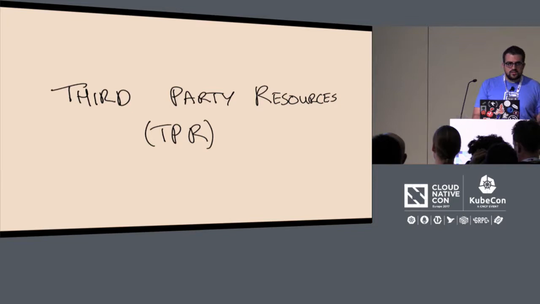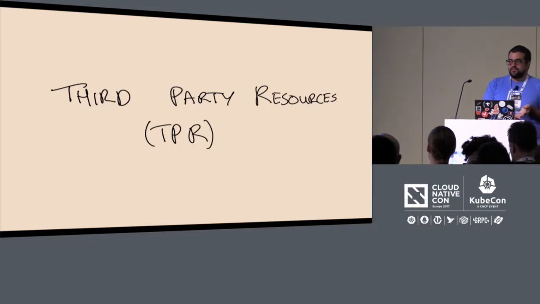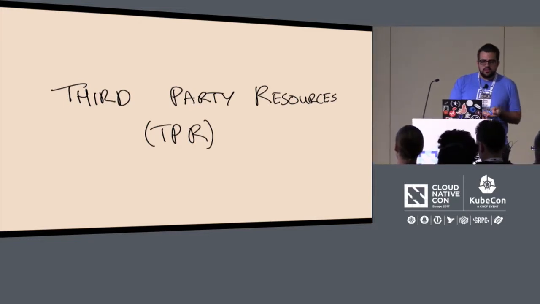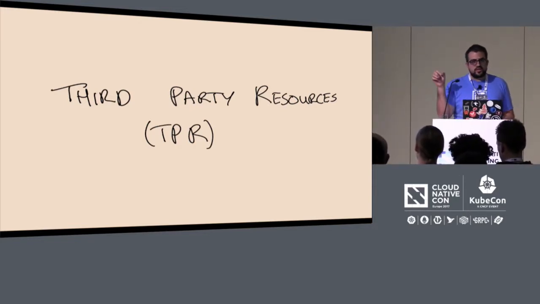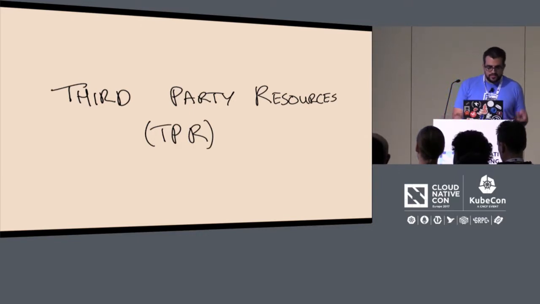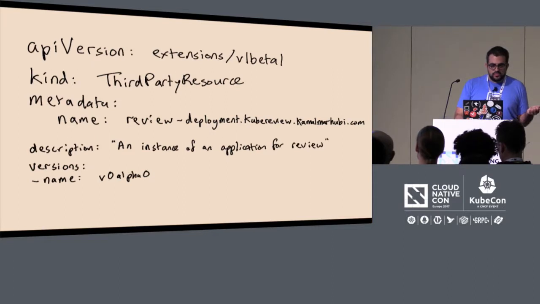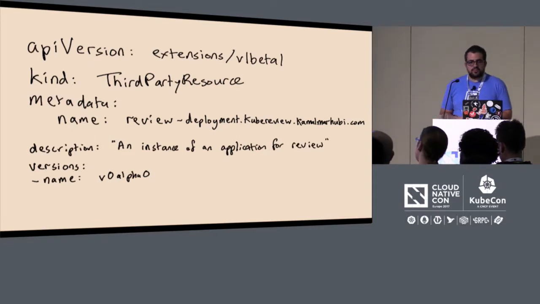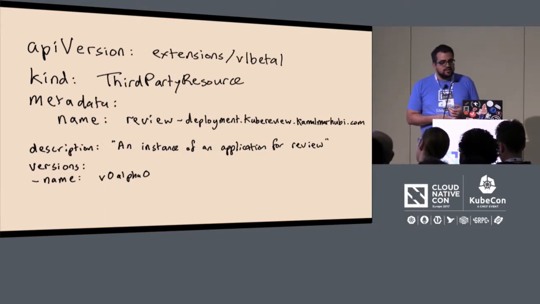But they're a way to say, so resources in Kubernetes, the ones we're familiar with, pod, service, deployment, these are all the thing that goes after kind in the YAML. We can actually define our own. So for this demo, I defined my own, which is a review deployment resource.